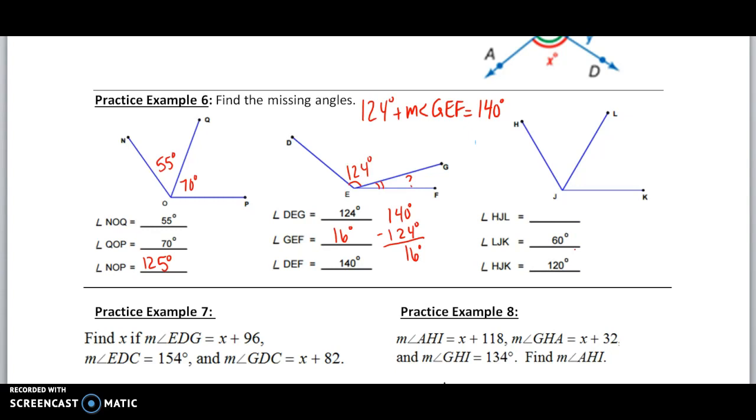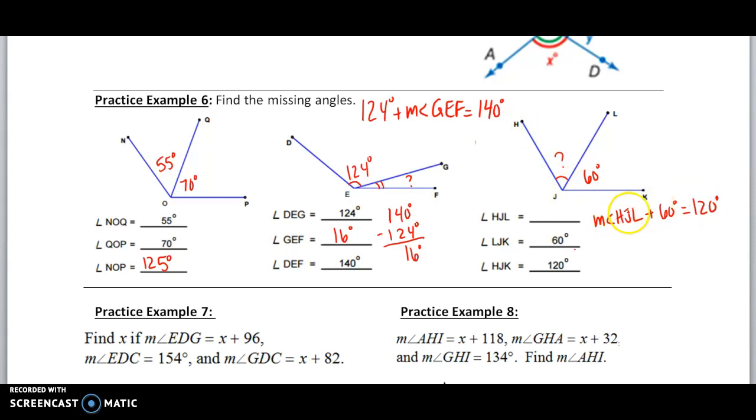Doing the same thing with this third example, HJL, I don't know what this angle is, but they tell me that angle LJK is 60 degrees and that the whole angle HJK is 120 degrees. So that's like saying the measure of angle HJL plus LJK, which is 60 degrees, equals the whole thing, HJK, of 120.